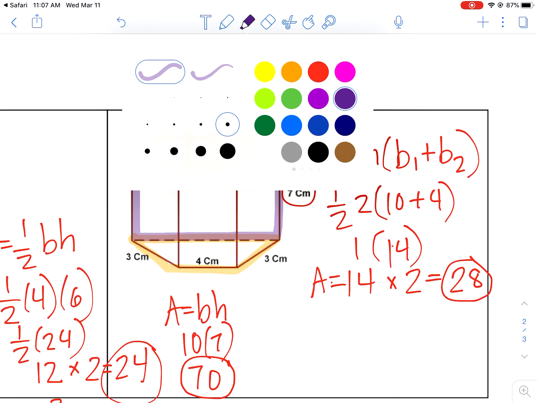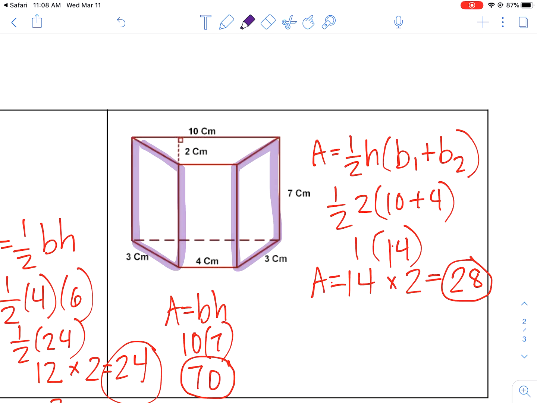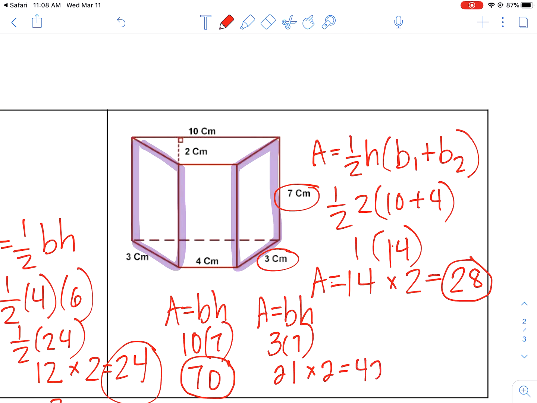But I do need to, and I'm going to erase my current markings so you can see this more clearly, get these rectangles. So I can see that these two purple ones have the exact same measurements. So I'm going to start there, still using base times height, and I can see that the base and height are 7 and 3, which is 21, but there are 2 of them, so a total area of 42.